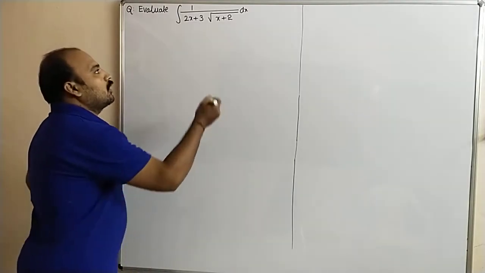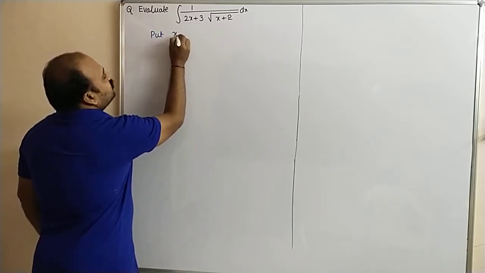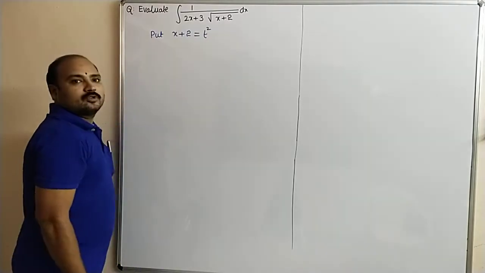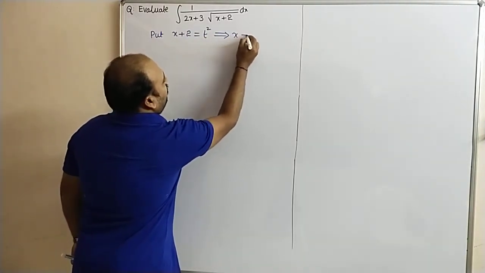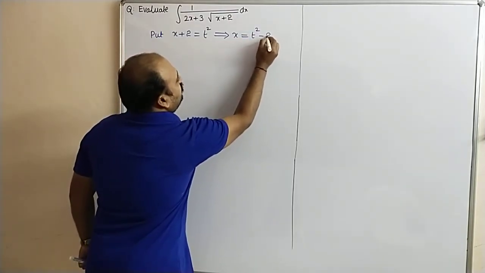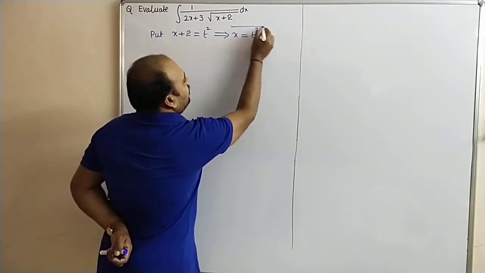According to the procedure, put x plus 2 equal to t square. Making x the subject, x is equal to t square minus 2. After that, differentiate with respect to x.